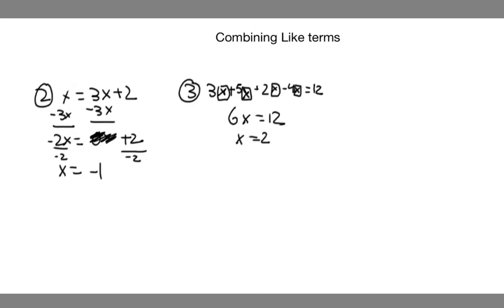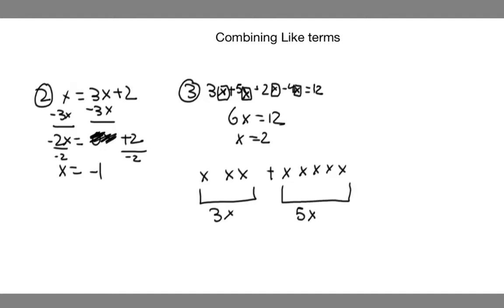But again, if you guys want to visualize this, we're going to do this in visual form. We have x, x, x. This is our 3x. Plus, we have 1, 2, 3, 4, 5. This is our 5x. Plus x, x. This is our 2x.